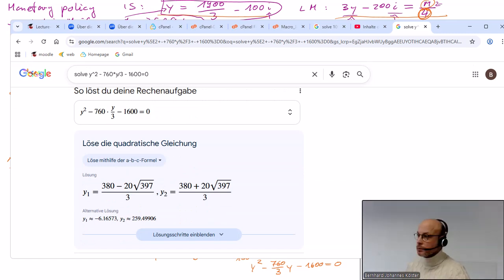So this is then my solution. Of course, I have a quadratic equation, so I obtain two solutions. Which one would be reasonable? The positive one, of course.